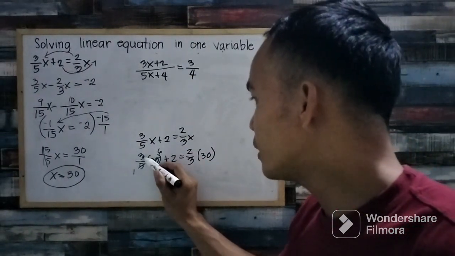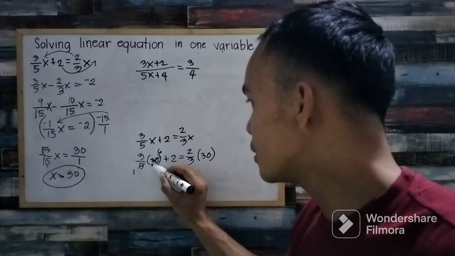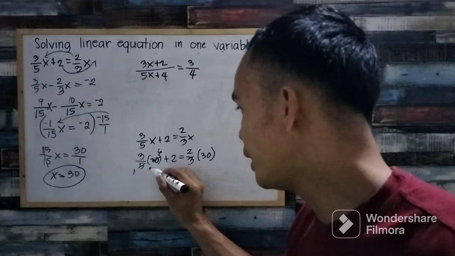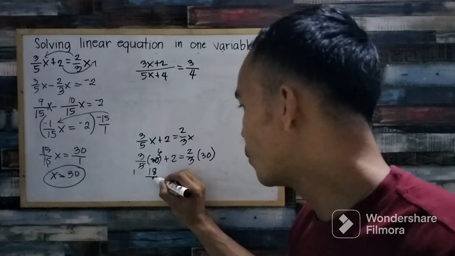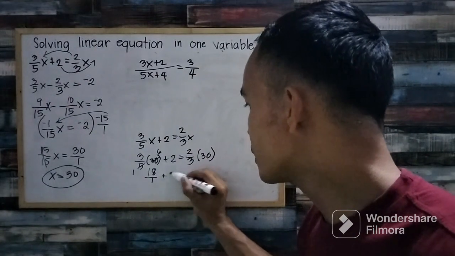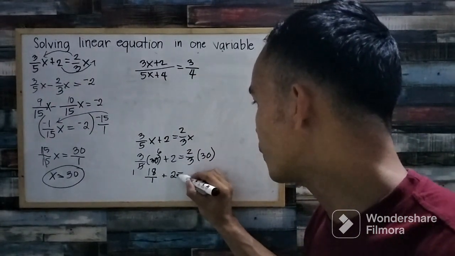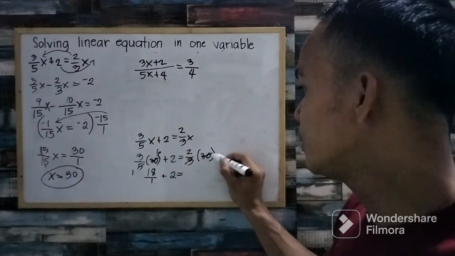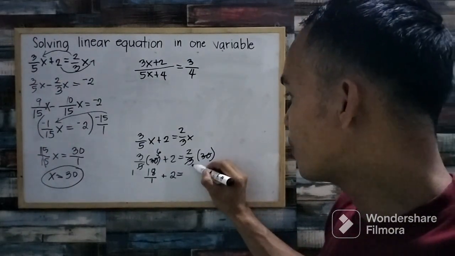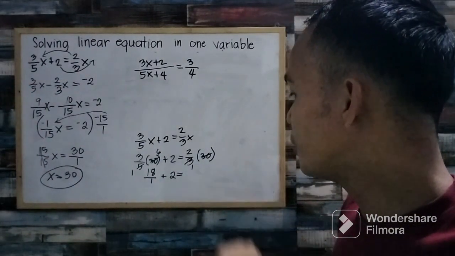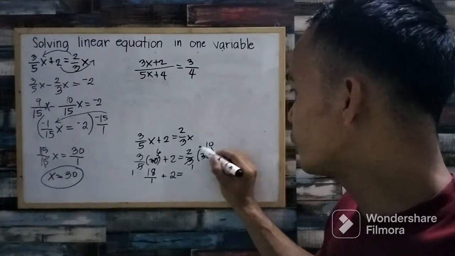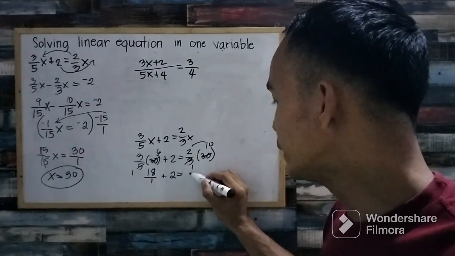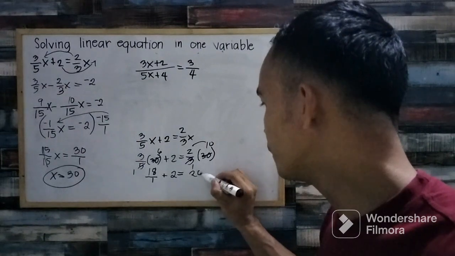If you multiply that, 3 times 6 is 18 over 1, plus 2 is equal to... remember that we can also cancel 3 and 30. This becomes 1, and 30 divided by 3 is 10. Multiply that, 2 times 10 is 20 over 1.